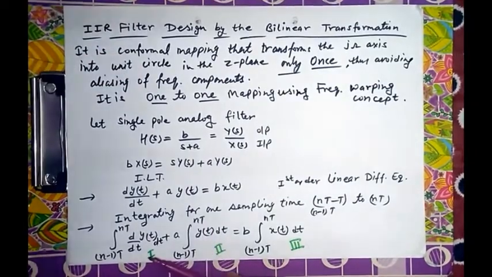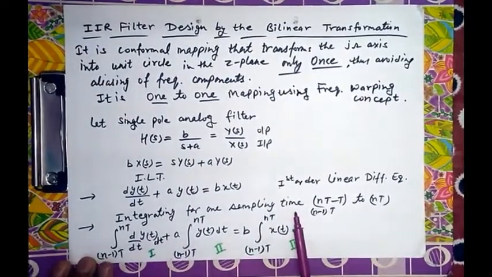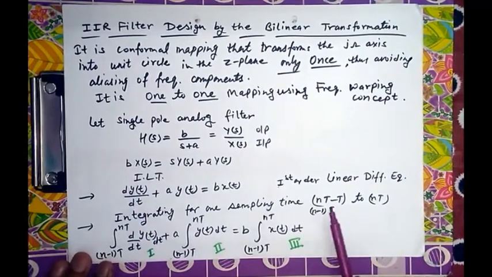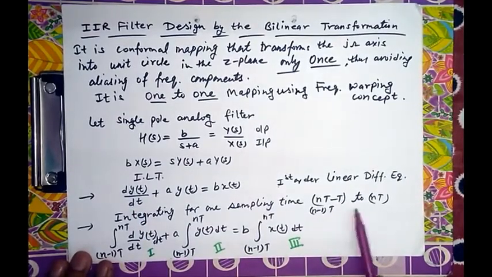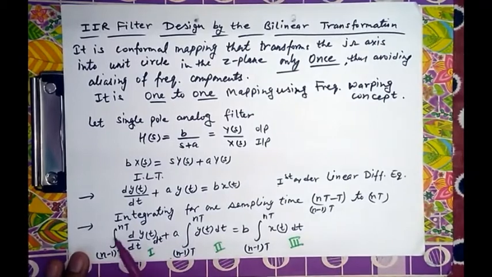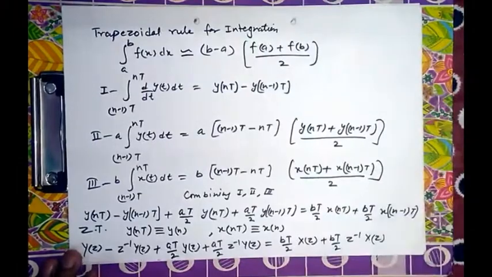Now the first step is integrating for one sampling time. Integrate this equation for one sampling period, that is (n-1)T to nT. We have just integrated the three parts, 1, 2, 3, and now combined.